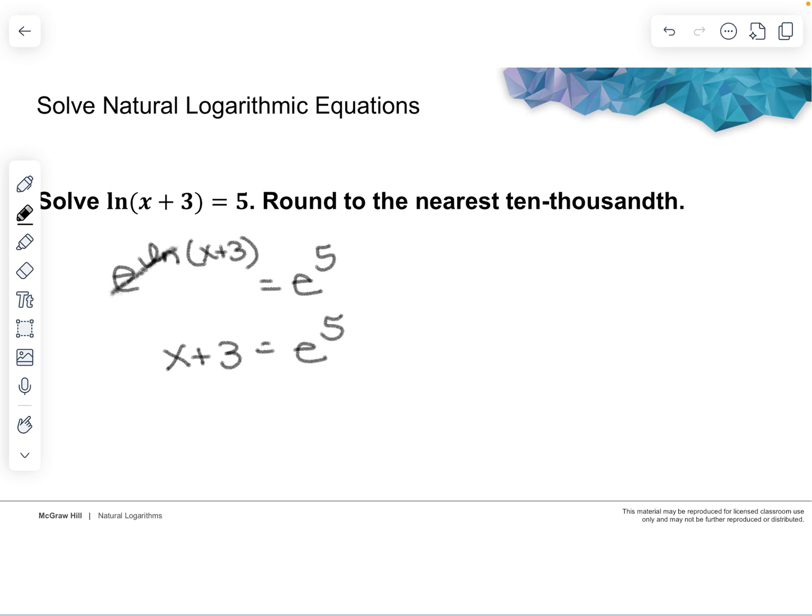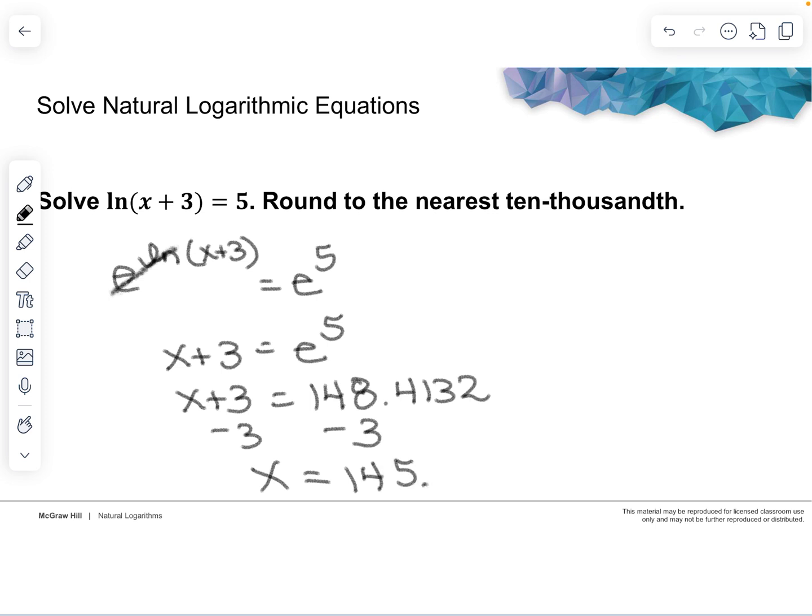We need to get e raised to the 5th. I'm going to get it on my other calculator over here to the side because it has an e button. 148.4132. And now just subtract 3. 145.4132.